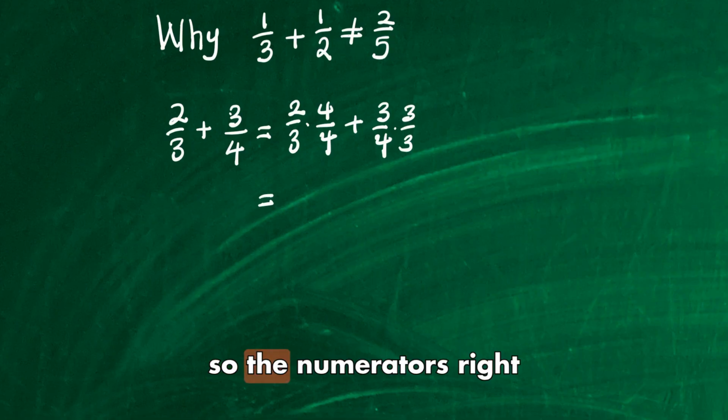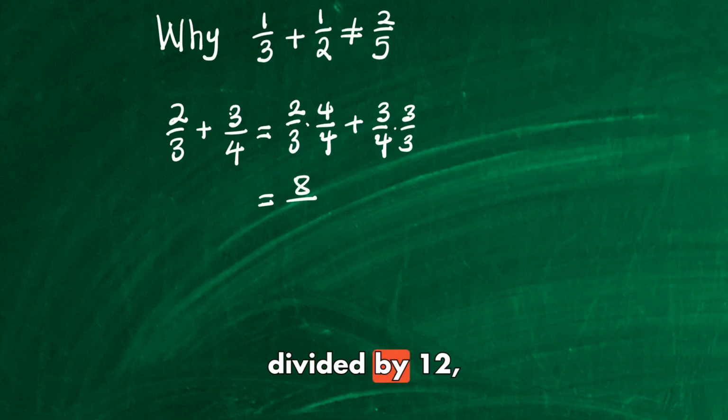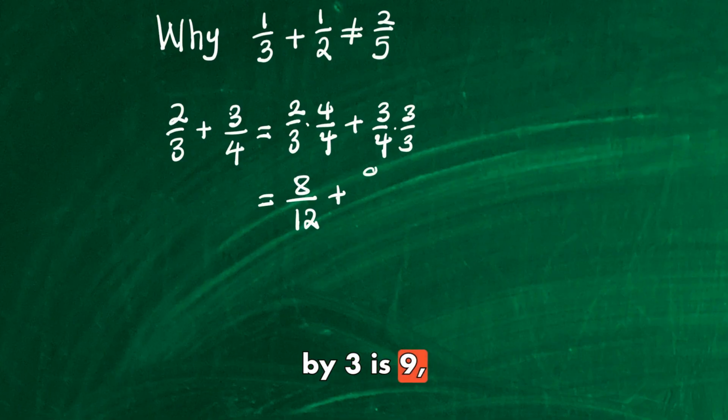Okay, all right, so the numerators multiply the numerators in the fraction. So 2 multiplied by 4 is 8 over 12, then plus 3 times 3 is 9, 4 times 3 is 12. Okay, now that the denominators are the same, we can just add the numerators.